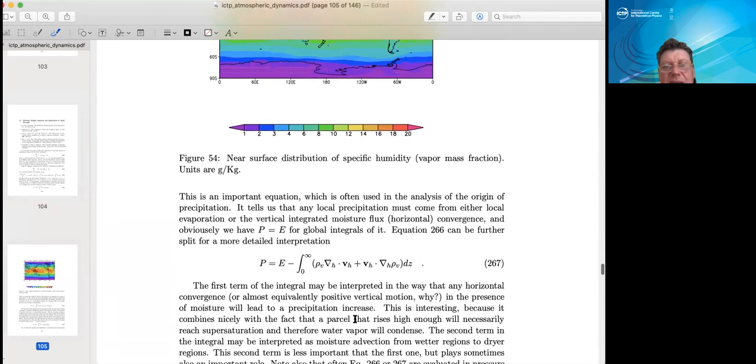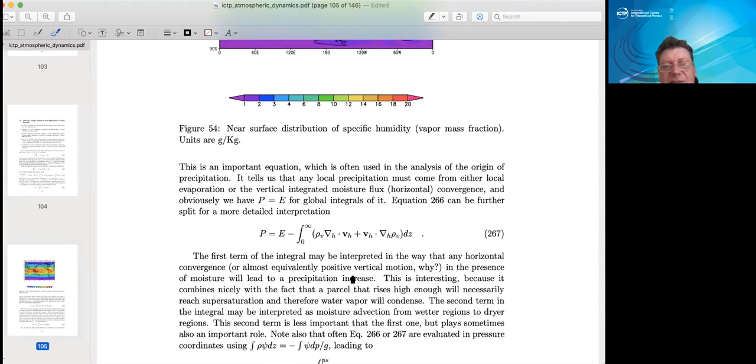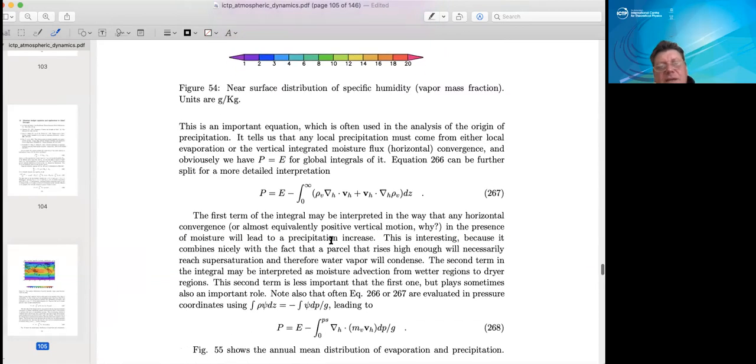Now we can split this a little bit further, which is also interesting. We can split the moisture flux convergence into two terms. One is the specific humidity times the divergence, and the other is the advection of moisture term.